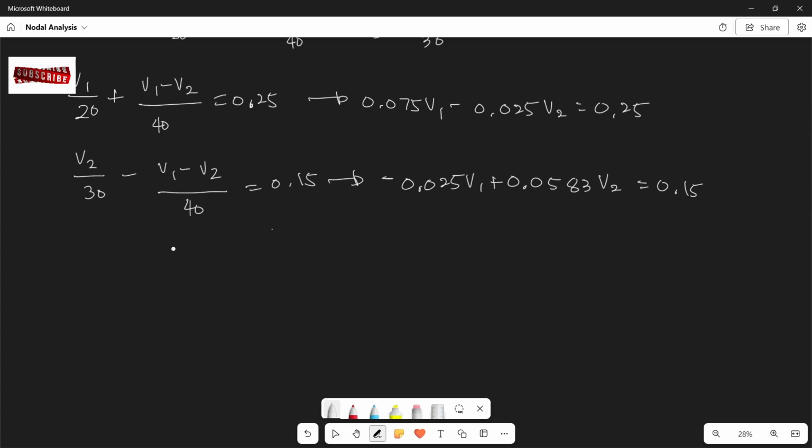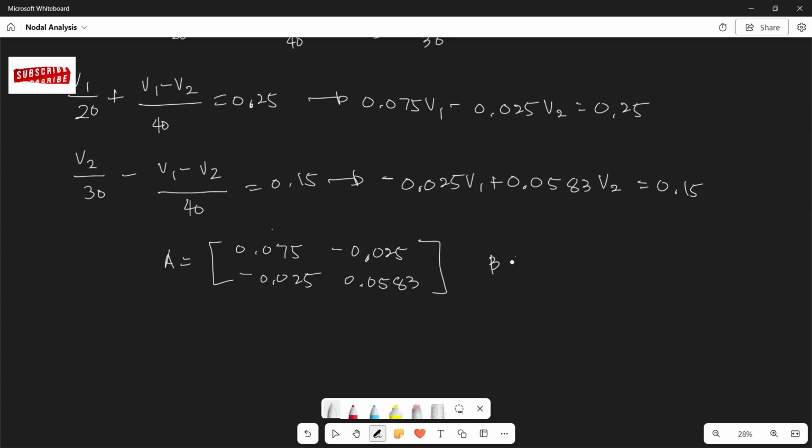Using the inverse matrix method, matrix A will be equal to 0.075, negative 0.025, negative 0.025, and 0.0583.